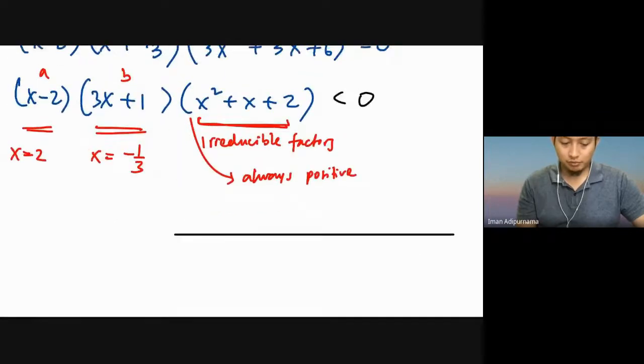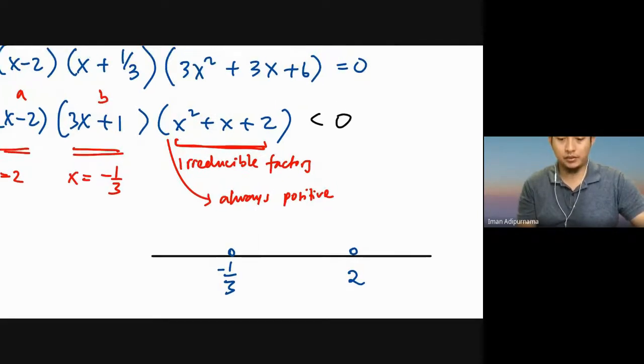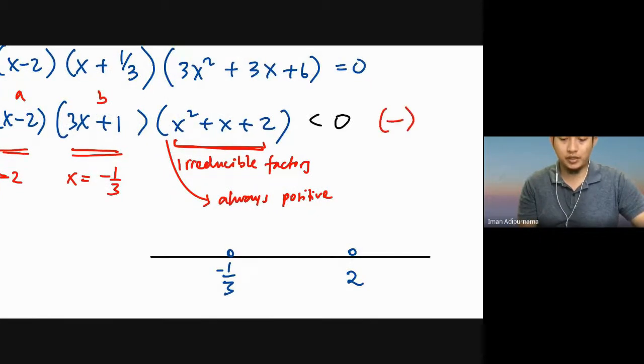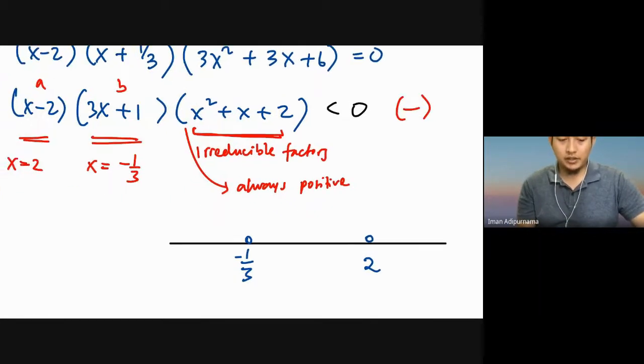Now we are going to put the equations. First is -1/3, and then the other one is 2. And it should be an open interval because we don't want it to be 0, because we need to have less than 0. So we need to find the negative. Okay, try 0. If we try 0, it's negative.